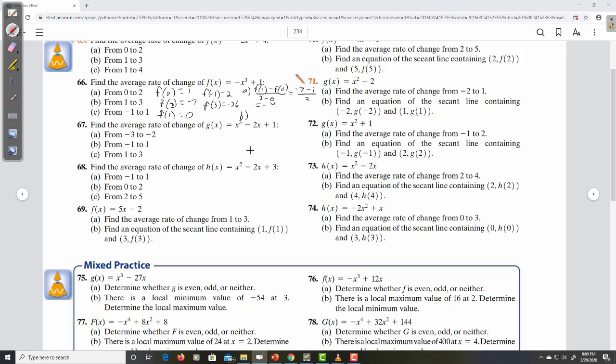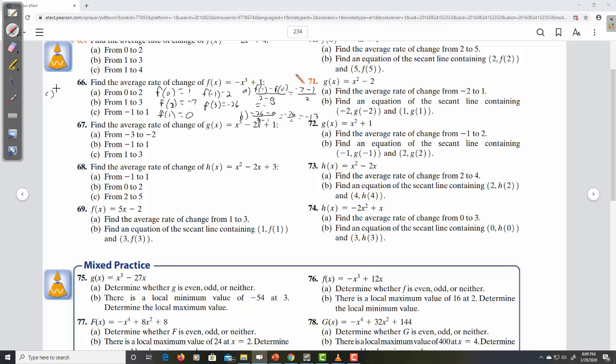B, 3 and 1. So f of 3 is negative 26. F of 1 is 0 over 3 minus 1. That's negative 26 over 2 is negative 13.